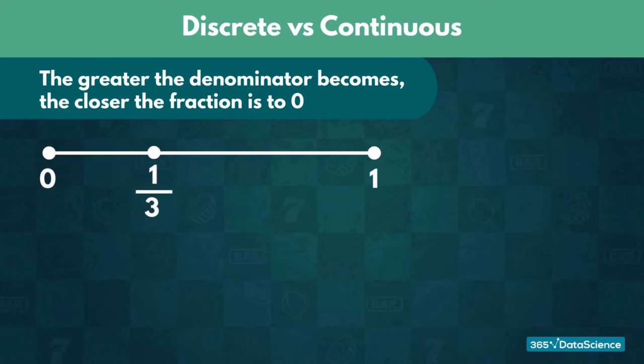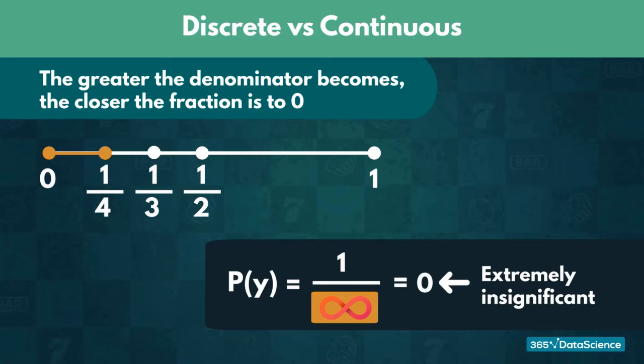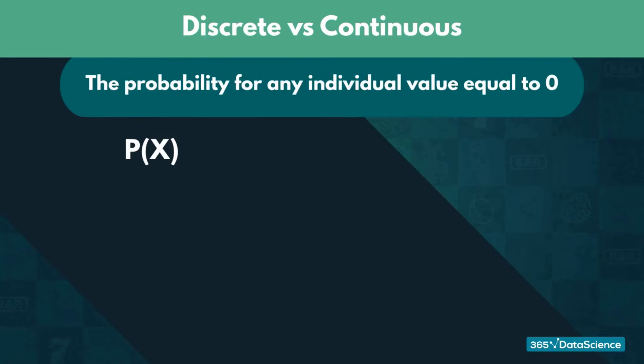For reference, 1/3 is closer to 0 than a half, and 1/4 is closer to 0 than either of them. Since the denominator of the favored overall formula would be so big, it is commonly accepted that such probabilities are extremely insignificant. In fact, we assume their likelihood of occurring to be essentially 0. Thus, it is accepted that the probability for any individual value from a continuous distribution is equal to 0.